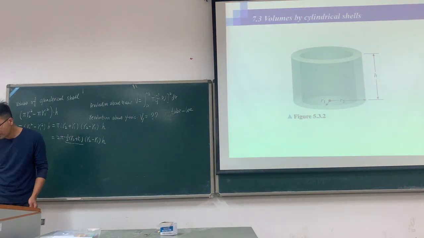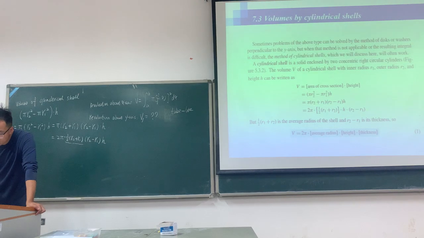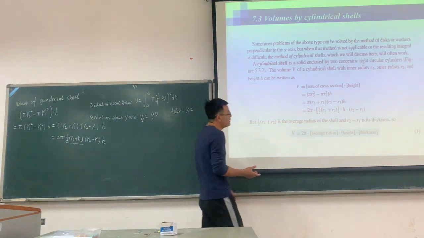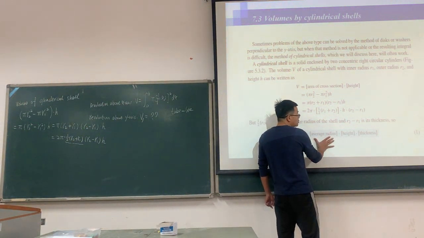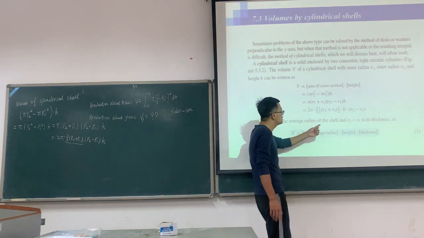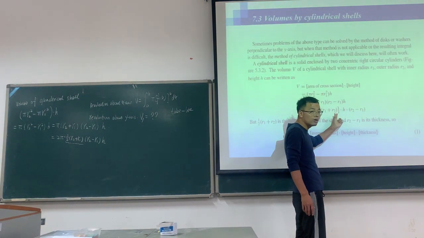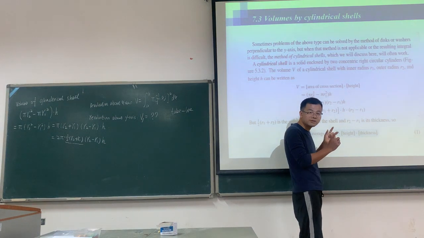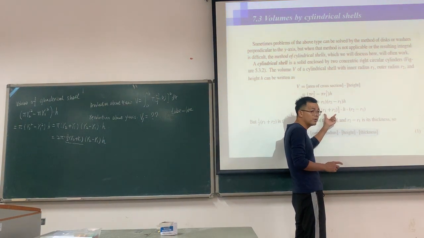This is actually the average radius. It is the radius of the outside circle plus the radius of the inside circle, and we take half.